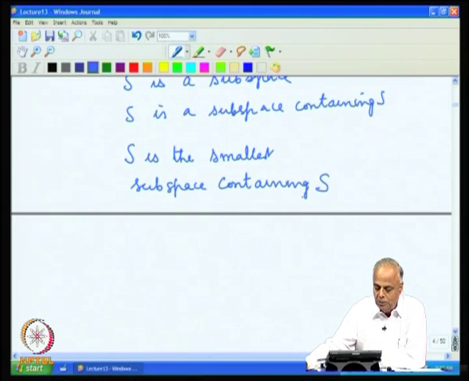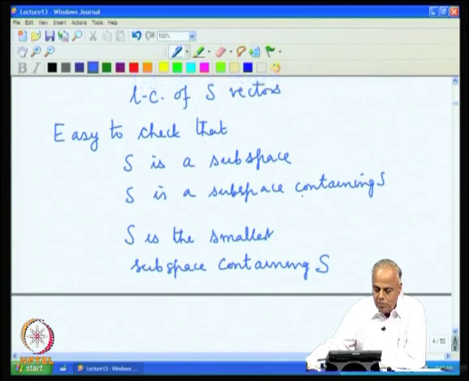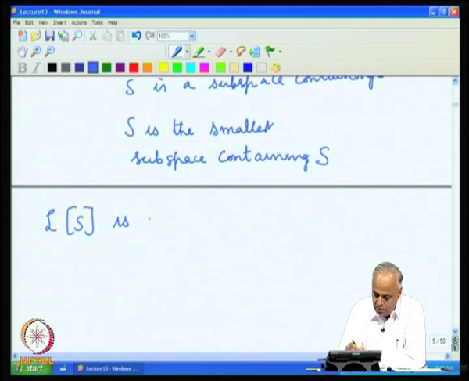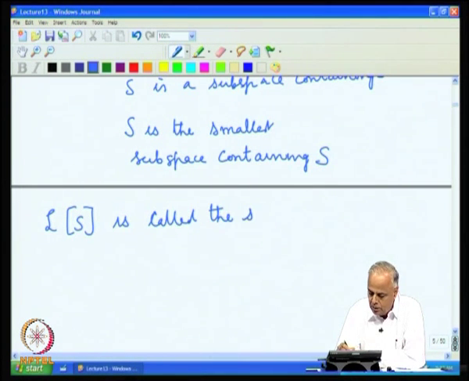That is going to be a subspace, and that subspace is the smallest subspace that contains S, and that is called the subspace spanned by S.